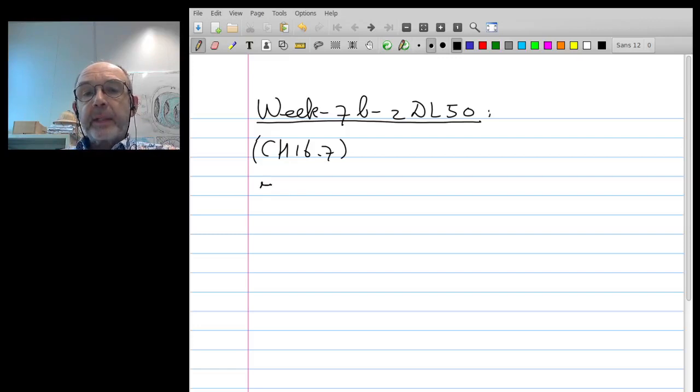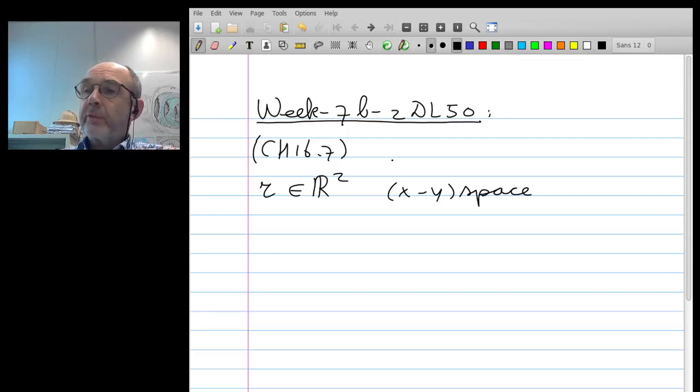First of all, let R be some point in the R2, and there we have the XY space. So I want to work in the R2, just the flat space, so no z-axis, and maybe if I want to make some sketch, it is easier than having some three-dimensional space.